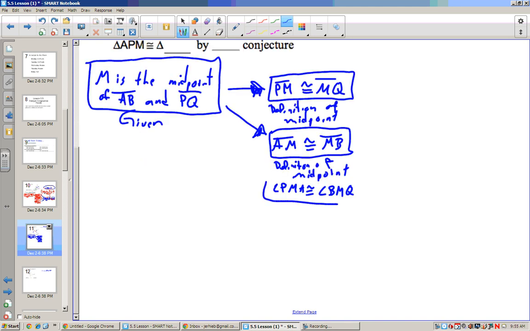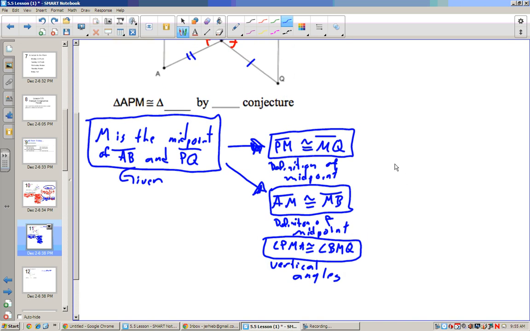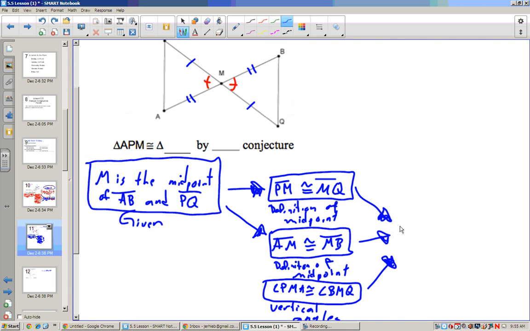And the reason for that is those are called vertical angles. So now we can take all of this information, since we have three pieces, and all three things we'll be able to use to prove the congruence of these two triangles.